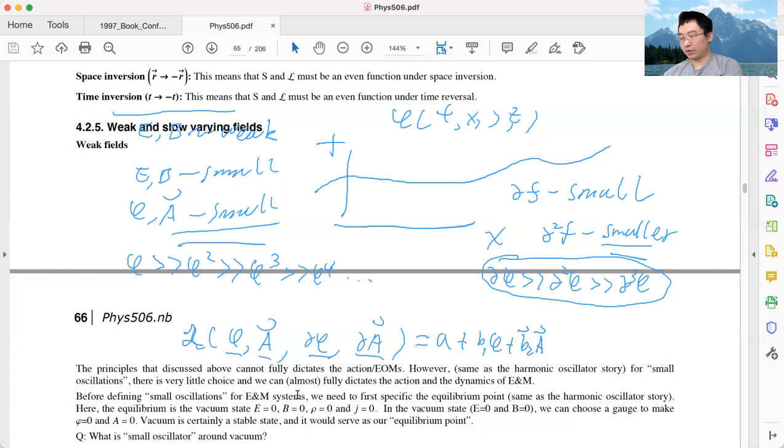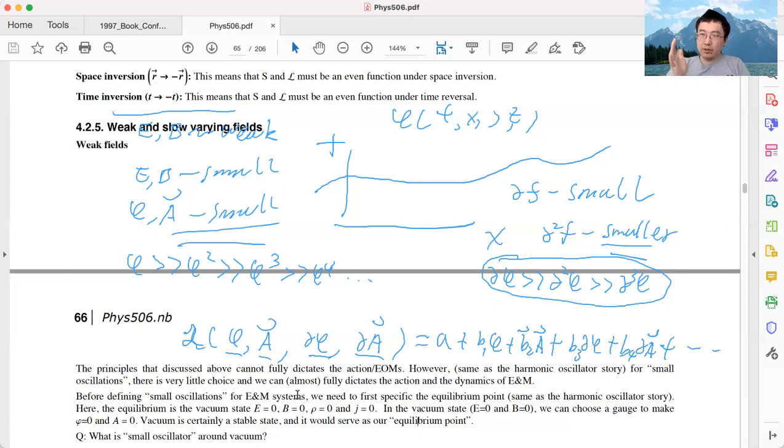This B2 should also be a scalar because it has x, y, z coordinates. And there will be a linear term B3 for the derivative of phi, and a linear term for the derivative of A. So that's the linear terms. And there are also quadratic terms, and so on.